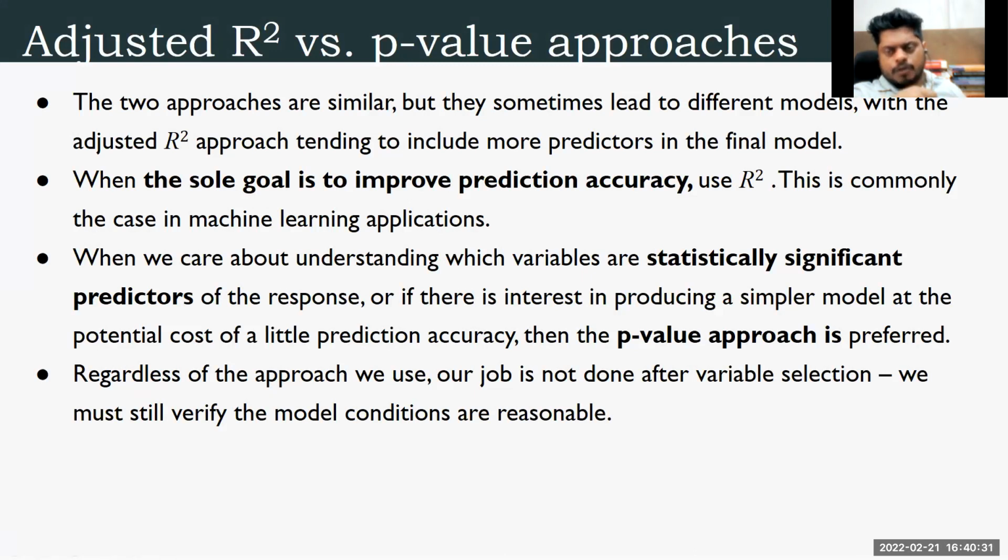Sometimes you have to take the call on which is important for you. Whether to get a better adjusted R square, which is basically prediction accuracy, you will do away with the explainability of the model. Maybe the p-value is 0.8 or 0.6 or whatever, higher than 0.05. Still, we will go ahead and include that to build a model with better prediction, a better R square value, right?